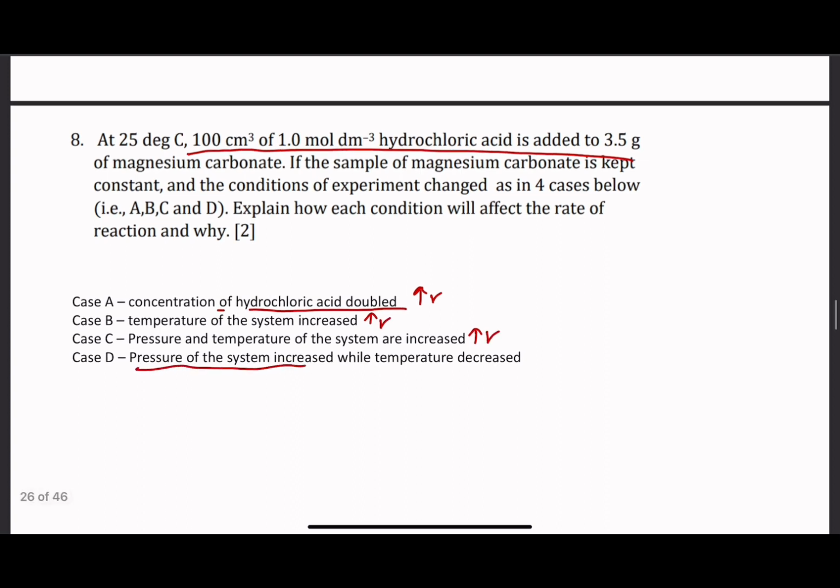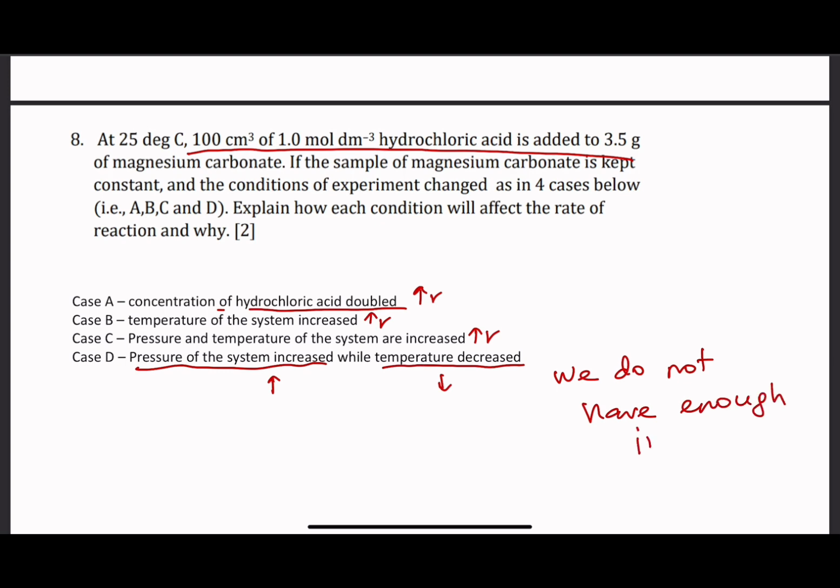Now, pressure of the system increased while temperature is decreased. Okay, so this one is increasing while this one is decreasing. Do we know that the final rate of reaction will increase or not? We don't have enough information. We do not have enough info to decide.